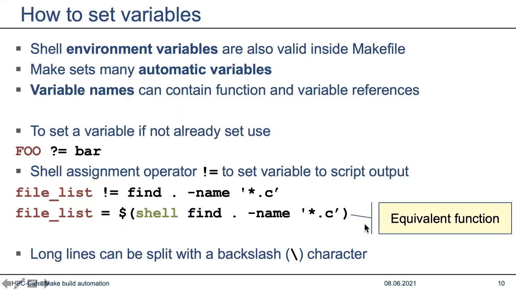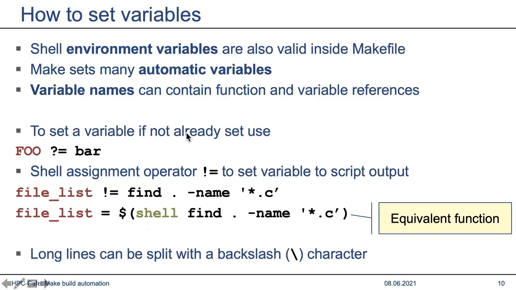A function is something like that. It's written similar to a variable reference, but then you have this function name and function arguments. And I will show you other functions later that you can use, or also other variable references. So a variable can reference another variable. And there are somewhat complicated rules for how those get expanded because there are different types of variables.